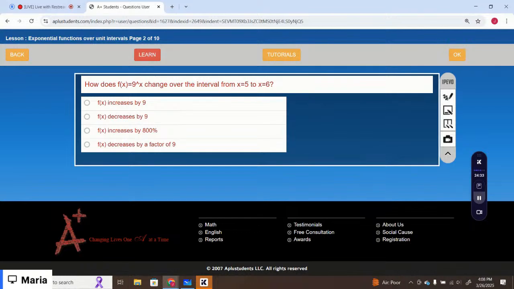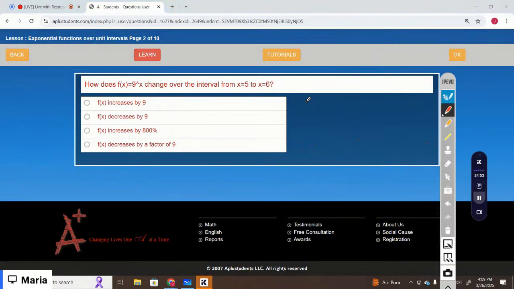How does f of x equals 9 exponent x change over the interval from x equals 5 to x equals 6? So you have to evaluate it for x equals 5. f of 5 is 9 exponent 5, right?